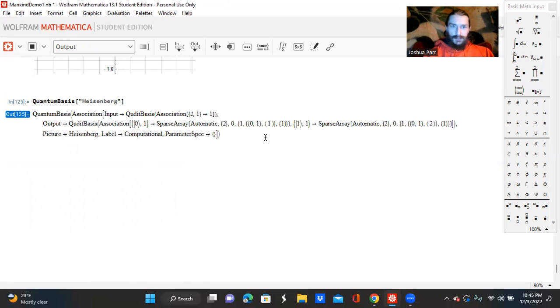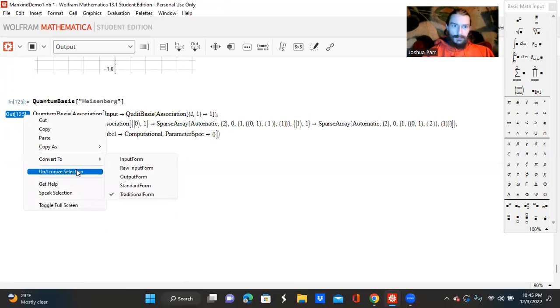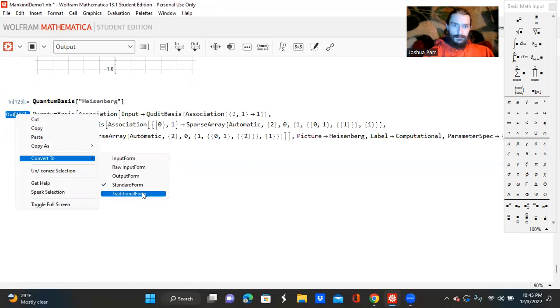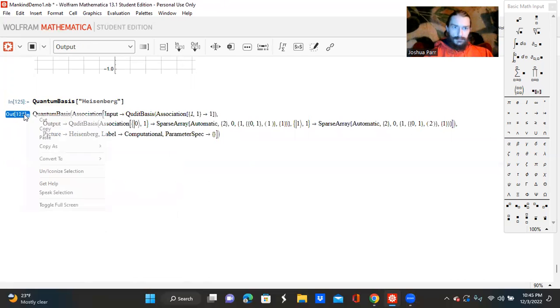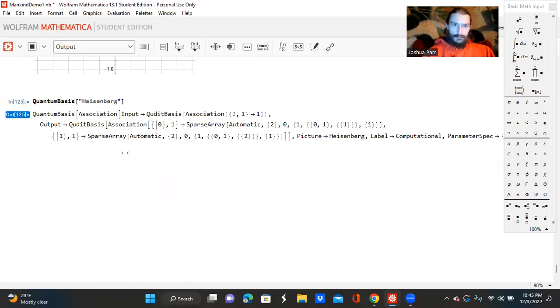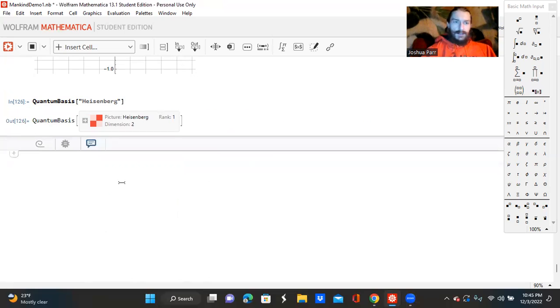It just gives you the associations, sparse array. So now I'm going to convert that back. That's very strange. It should have done that.